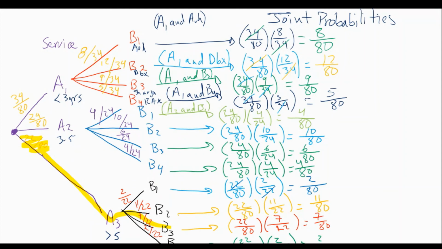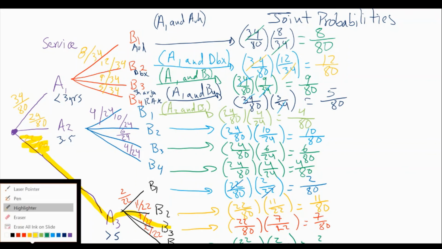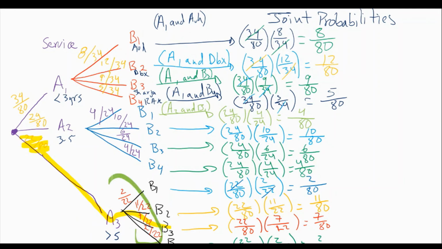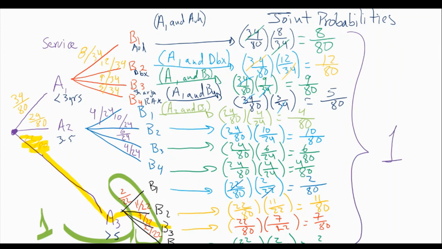All right, now, just like as we added all of the branches before, if I add all of this, I will get equal to 1. Same with our joint probabilities. If we were to add all of these probabilities, that would also equal to 1.